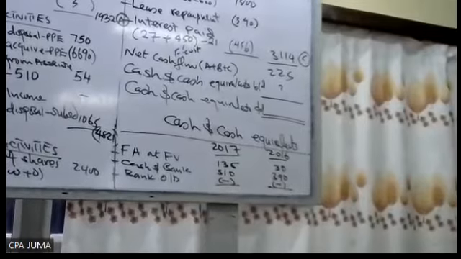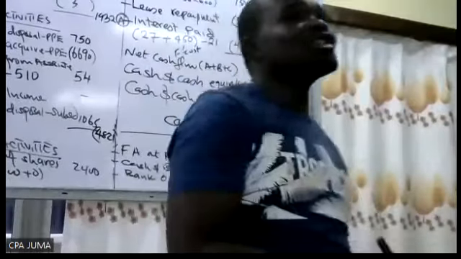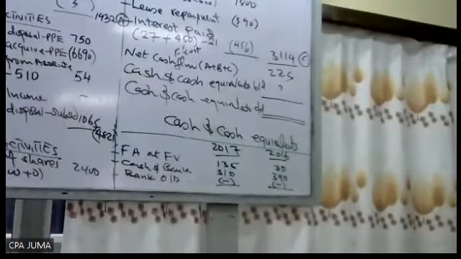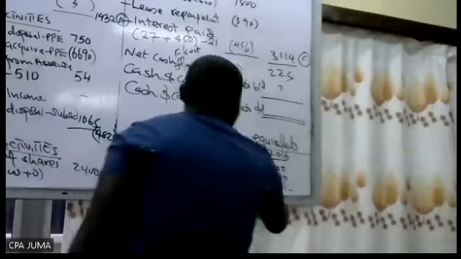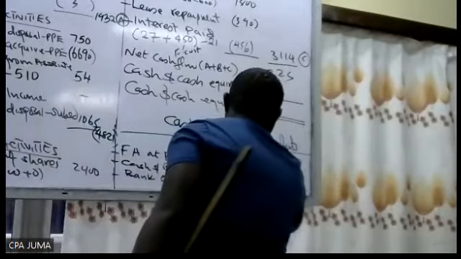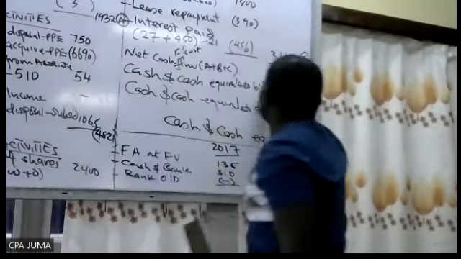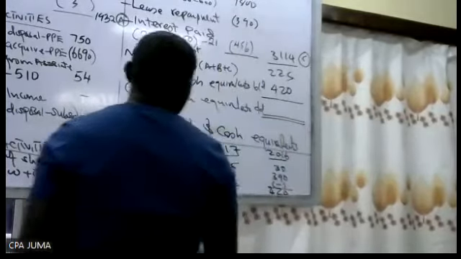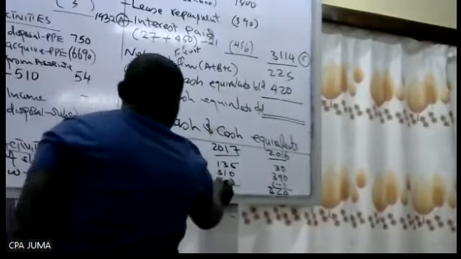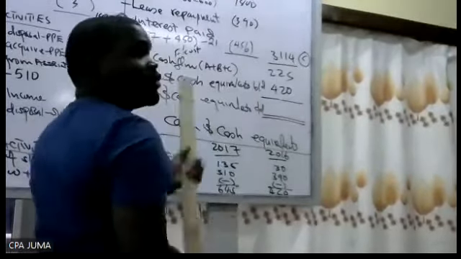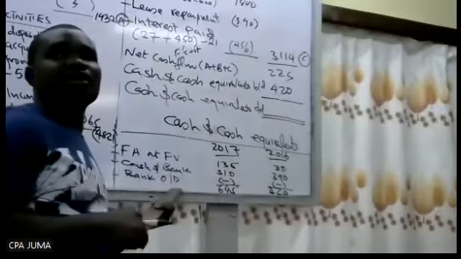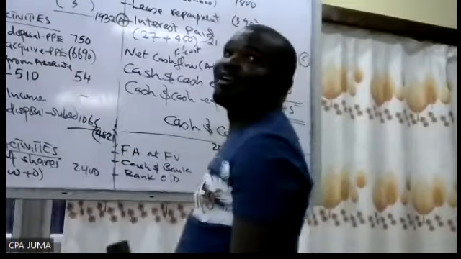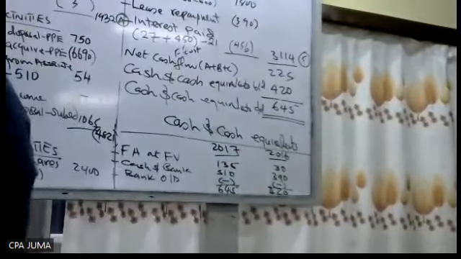Some of you will have taken that, and that is why I brought it before you take, so that you should know. That is why I looked for the question. So brought down is how much? 420. So put 420 here. Then 135 plus this, 645. It will tally when you have this and this, will you tally with the closing? Correct. That's it.